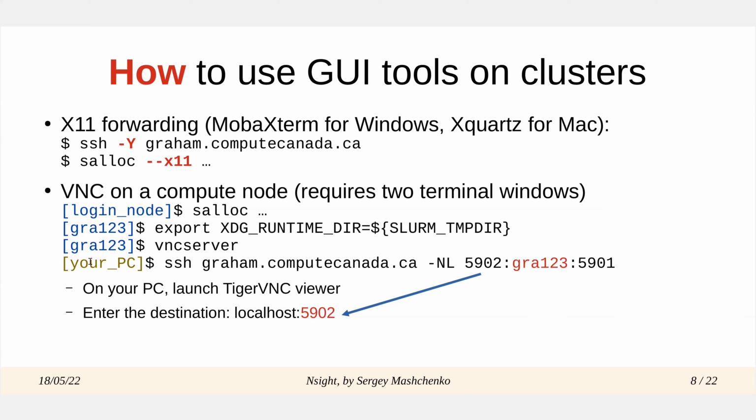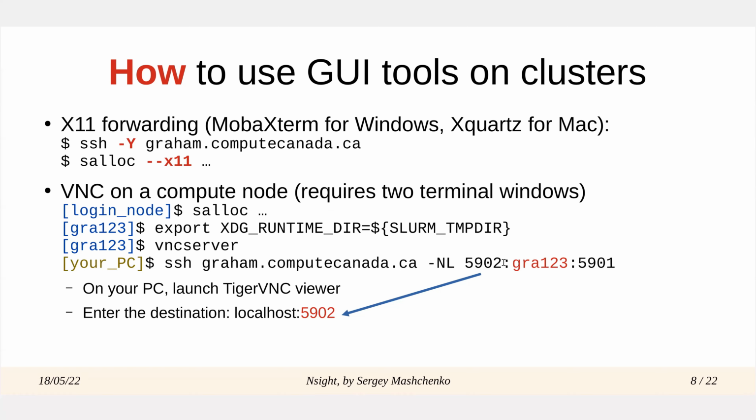And then on the next tab, on your local computer tab, you don't log into a cluster, you execute this SSH command. What you're doing, basically, is called port forwarding. The VNC server talks through a remote port, by default 5901. And then you want to forward it all the way to your personal computer, and let's say it's 5902. In the very rare situation where you use your own VNC servers, and more than one maybe, then you'll have to change it.